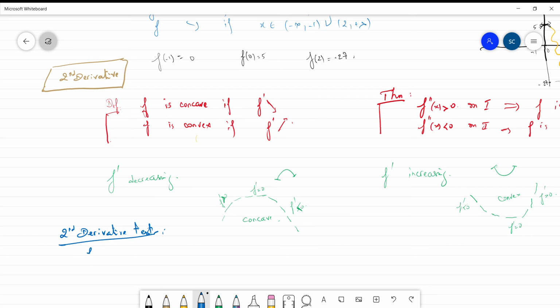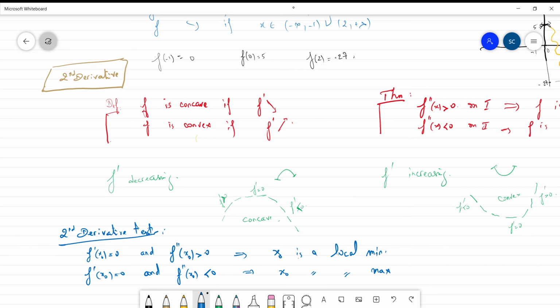If you have f prime of x0 equals 0 and f second at x0 positive, then x0 is a local minimum. If you have a critical point and f second at x0 negative, then x0 is a local maximum.